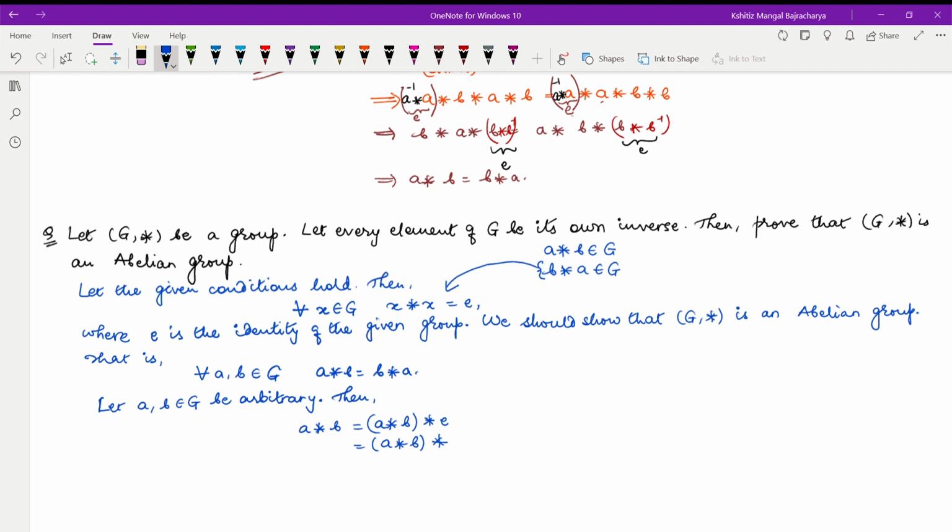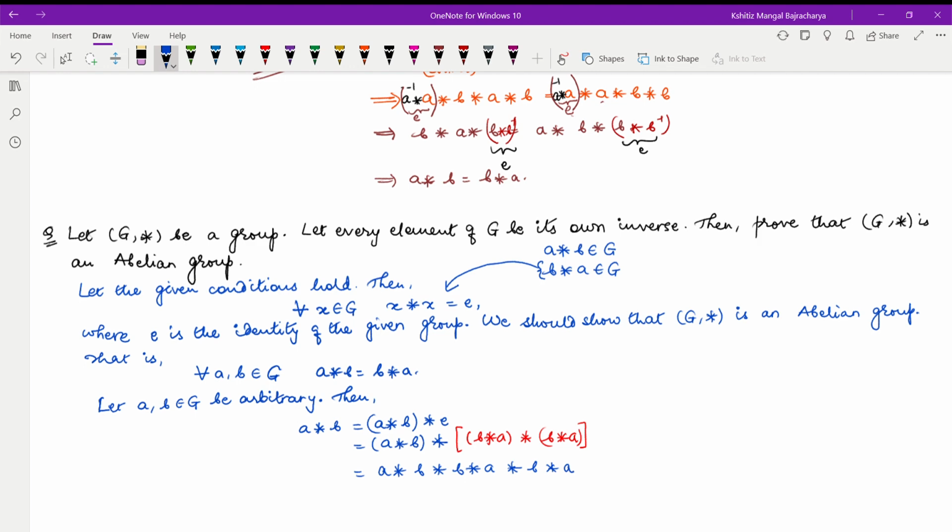So what we can do is replace E with B star A star B star A. Now we can write it as A star B star B star A star B star A.